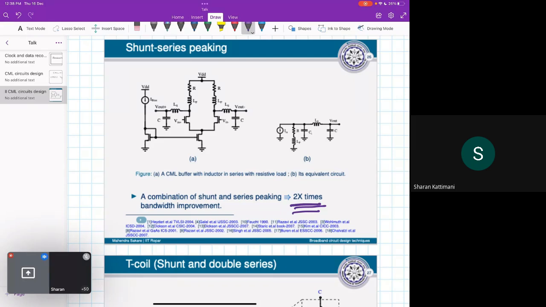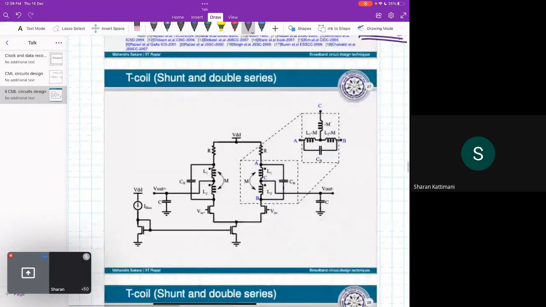Suppose you are working at a 15 gigabit per second data rate, and by using this inductor you can go up to 25 to 30 gigabit per second data rate. So you will put these inductors so that you can achieve this much speed, because there is no other way.